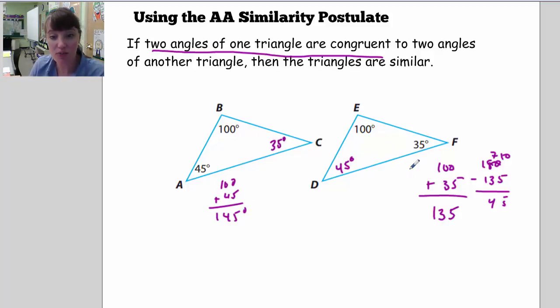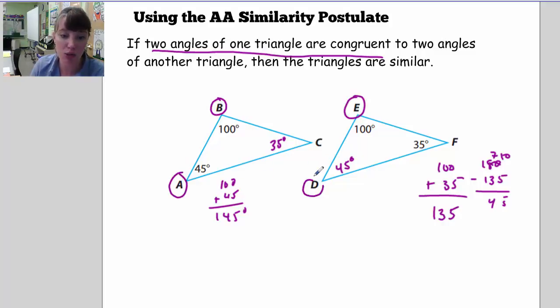So actually these angles are congruent to each other, it's just that angle B and angle E correspond to each other, angle A and angle D correspond to each other, and angle C and angle F correspond to each other. So be careful how you are writing your triangle.